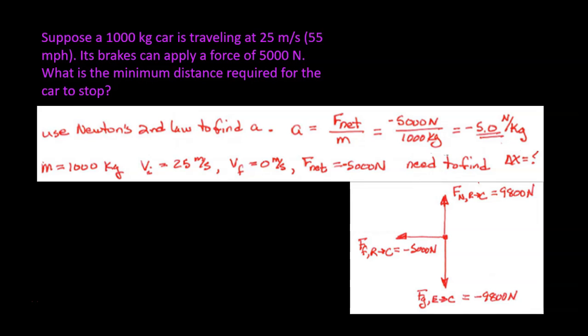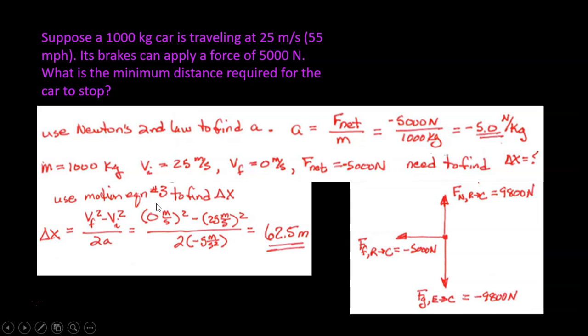So next I need to make a list of the quantities that I have in the problem. Well, I'm told the initial velocity is 25 meters per second. I know that when the car comes to a stop, the final velocity will be 0 meters per second, and I need to find the displacement. So the equation I need to use is equation number 3, and I'm going to rearrange it to find delta x.